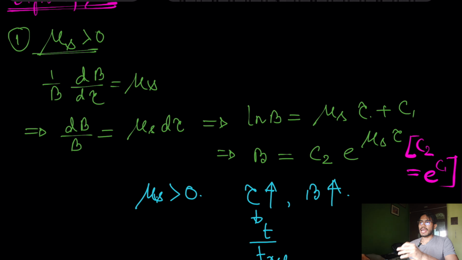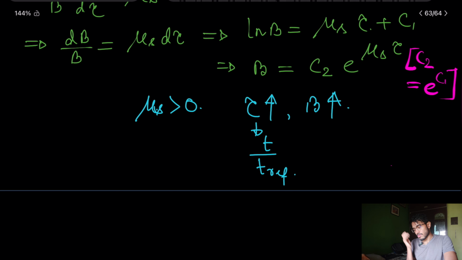That means as my time proceeds, I will be seeing that my temperature of the slab is going up, without reaching any steady state, and that is truly unphysical. That is not possible.